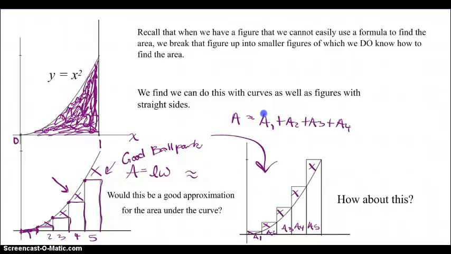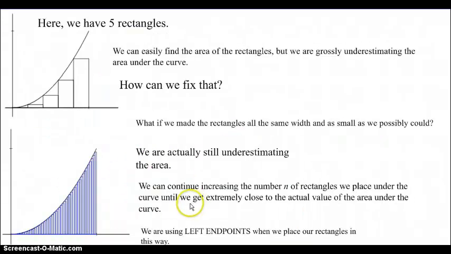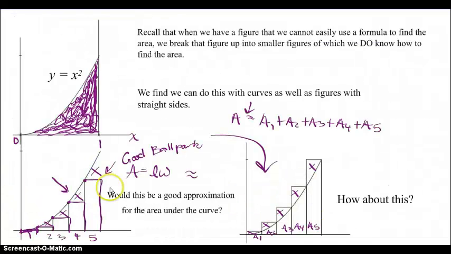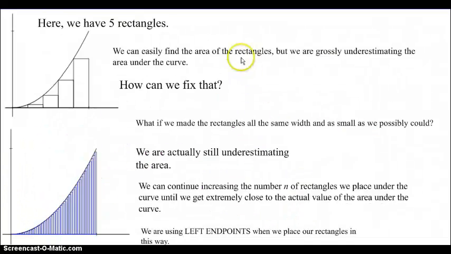Not a perfect area, exact area, but a good ballpark approximation of what the area is trapped in the plane. So we can easily find the areas of rectangles, but we're underestimating the area of the curve here. On the last example here, we're overestimating the area for sure.